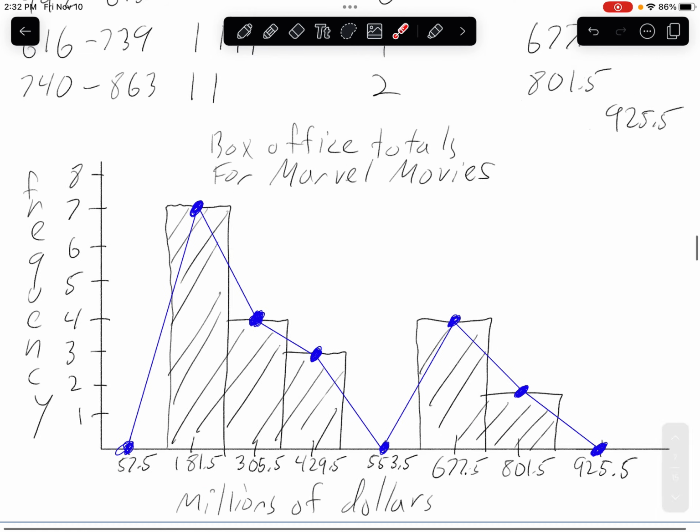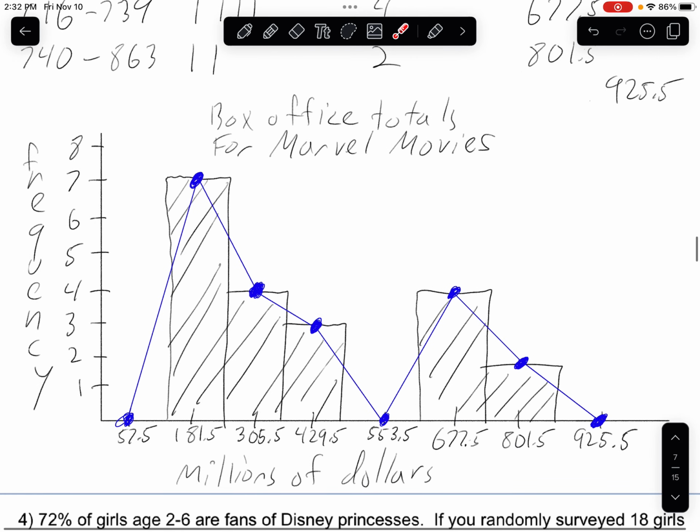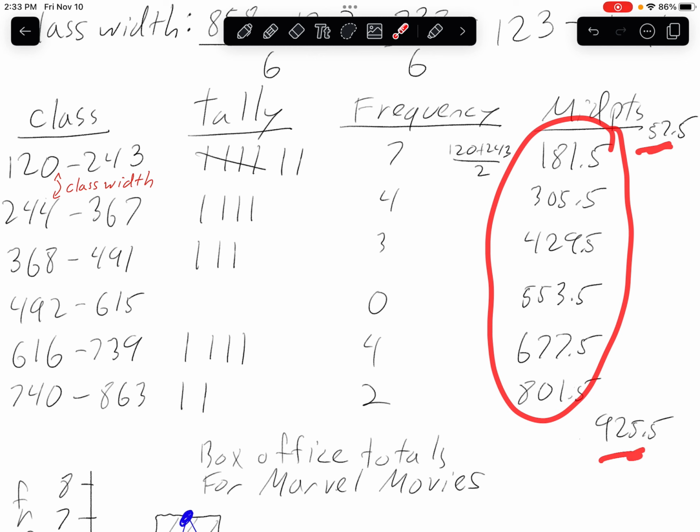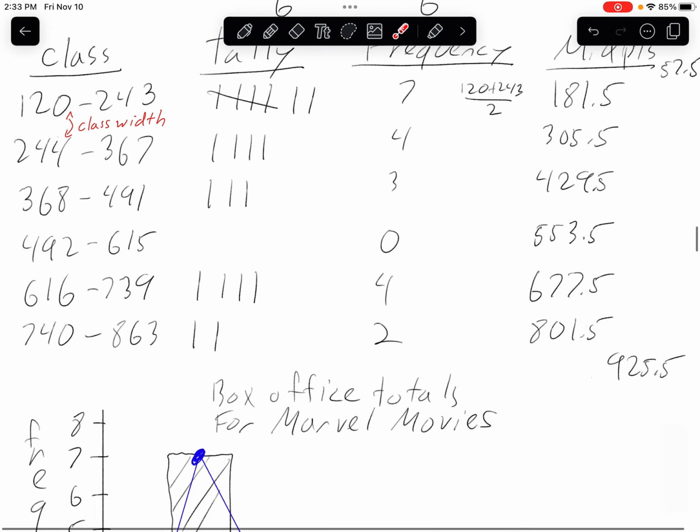So since we calculated 57.5 to start, that's the first midpoint we'll put in. We'll put in all the other midpoints beyond that and end at 925.5. Your histogram only uses these midpoints here, right? These other boundaries are for the frequency polygon.